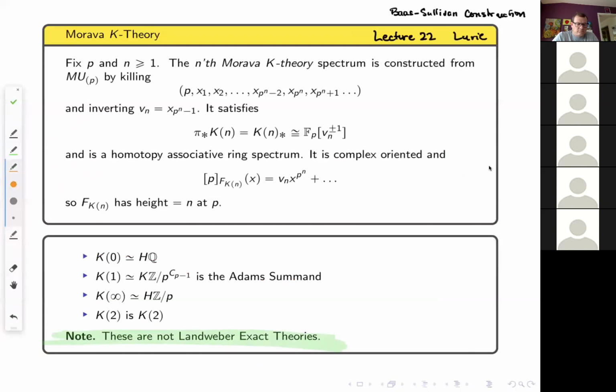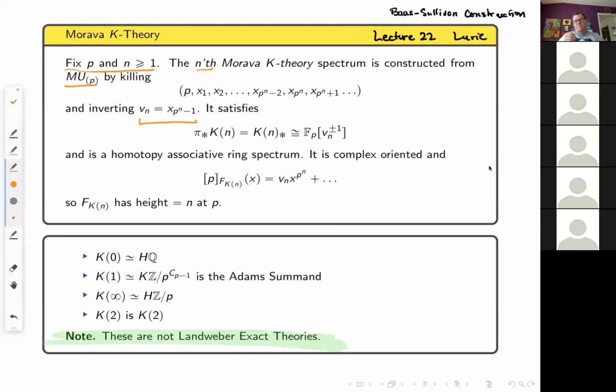So you fix p and some n, and the nth Morava K-theory, you're going to construct it from the p-localization of MU, and you're going to kill everything except x_{p^n - 1}, okay? Vn might not have been x_{p^n - 1} on the nose, but once you kill everything else, it will become that.